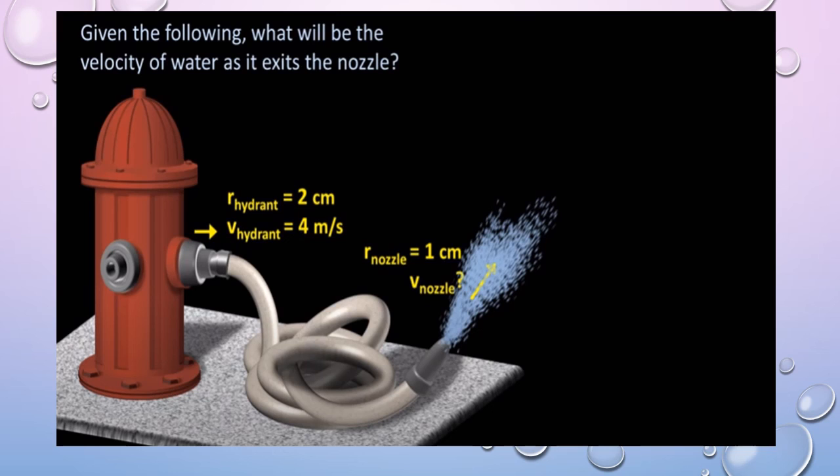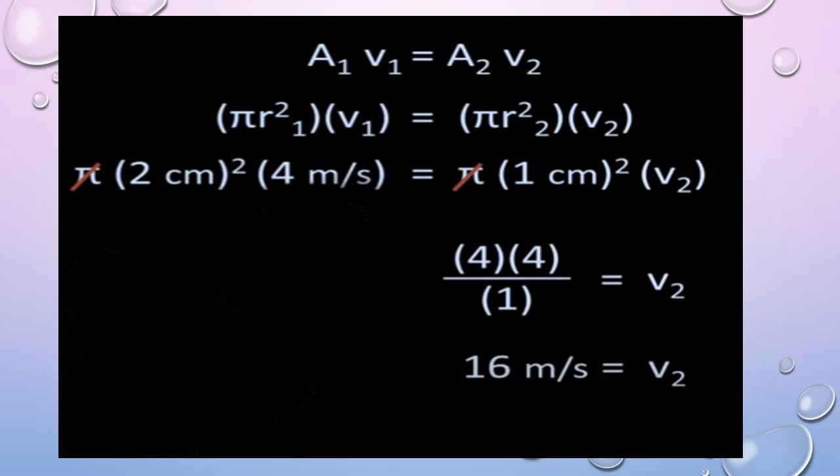Here we will take A1 V1 is equal to A2 V2. The area A1 of the water hydrant is pi R1 square, into V1, and the area of the nozzle is pi R2 square, into V2.